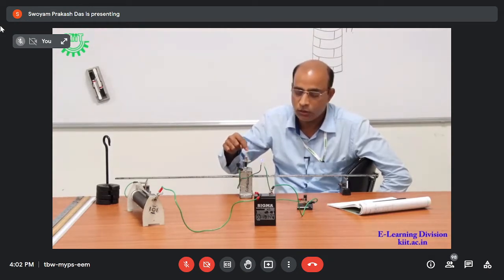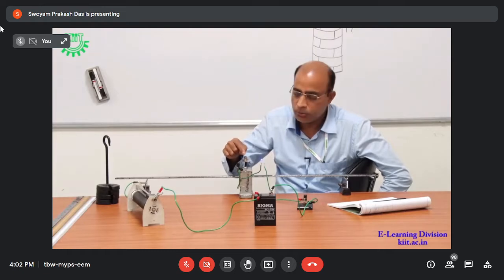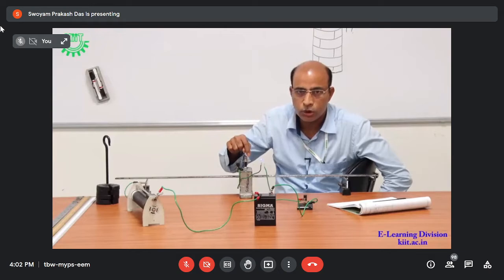If it crosses, then we will note down the number of rotations, how many times it crosses. If it doesn't cross, then rotation will be 0, and after the bulb is off, we will note down the reading from the circular scale with respect to this linear scale. That will be the final reading for dead load.